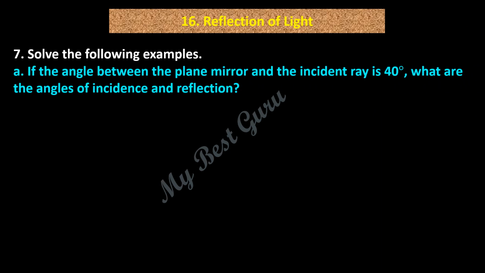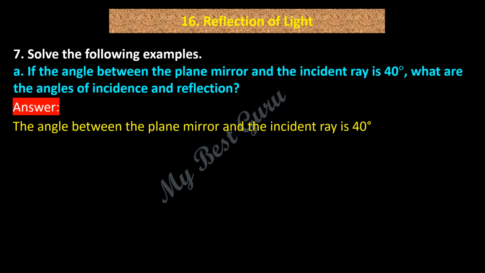Question number 7. Solve the following examples. A. If the angle between the plane mirror and the incident ray is 40 degrees, what are the angles of incidence and reflection? Answer: the angle between the plane mirror and the incident ray is 40 degrees.